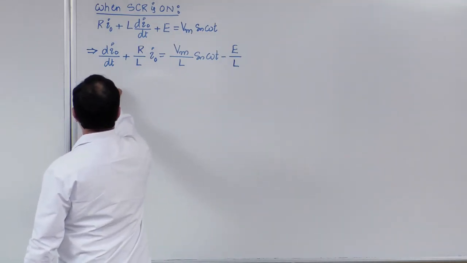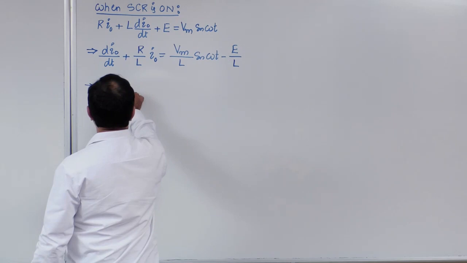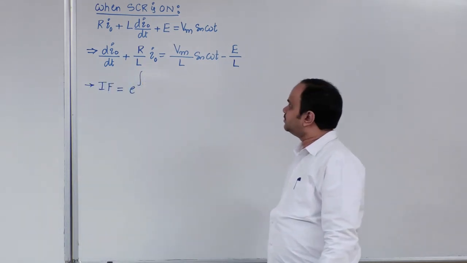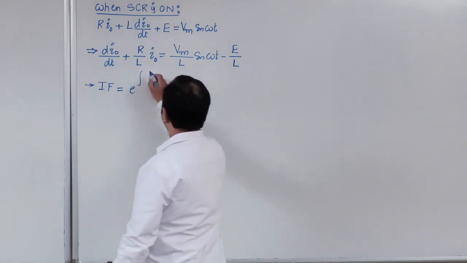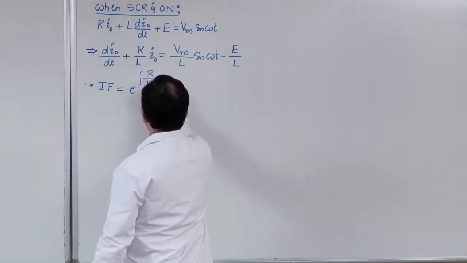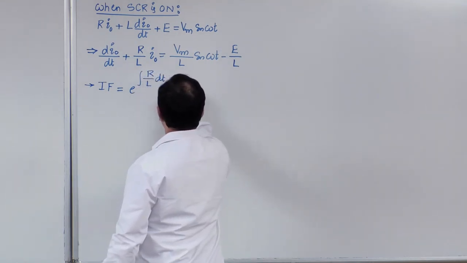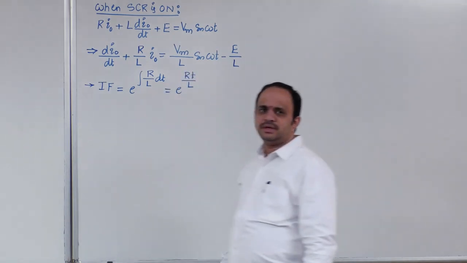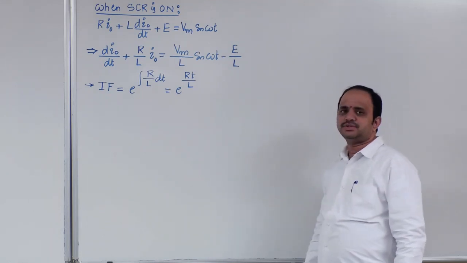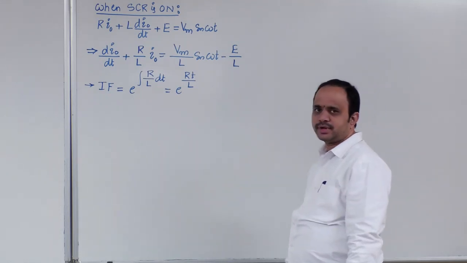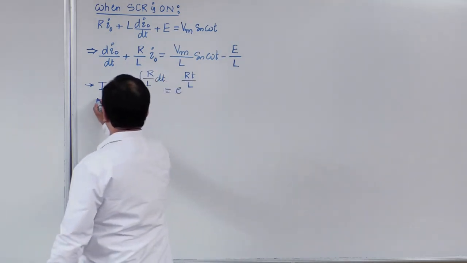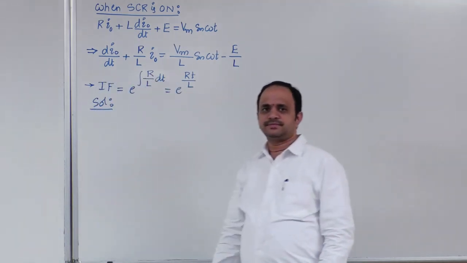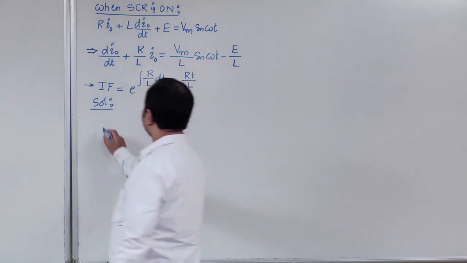So what we need to calculate first? Integrating factor. Integrating factor is equal to e power integral R by L into dt. This will give you e power R into small t divided by L. After that, how can we write the solution?